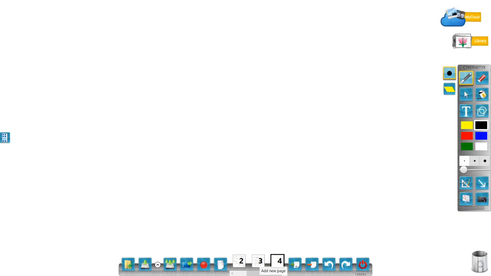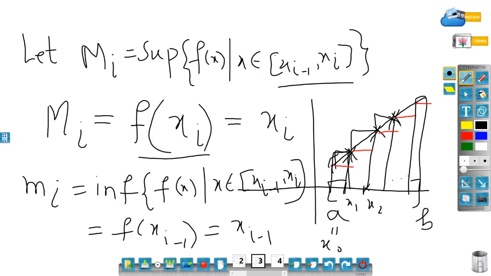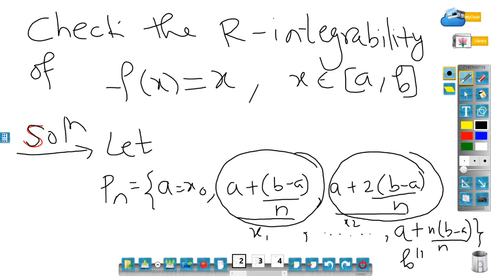So let me go for the UPNF and LPNF now. Or maybe let me write it down in a more organized way. I have seen that my Mi is f at xi, which is the same as xi only. Now, how does xi look? That is also important. Now you could see that x1 looks like a plus (b minus a) upon n. x2 looks like a plus 2 times (b minus a) by n.